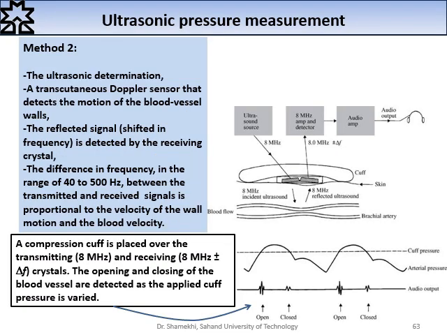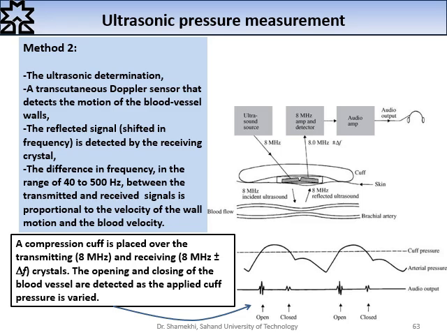Method 2 is the ultrasonic pressure measurement. The ultrasonic determination will be used to detect the critical points. A transcutaneous Doppler sensor detects the motion of the blood vessel walls.